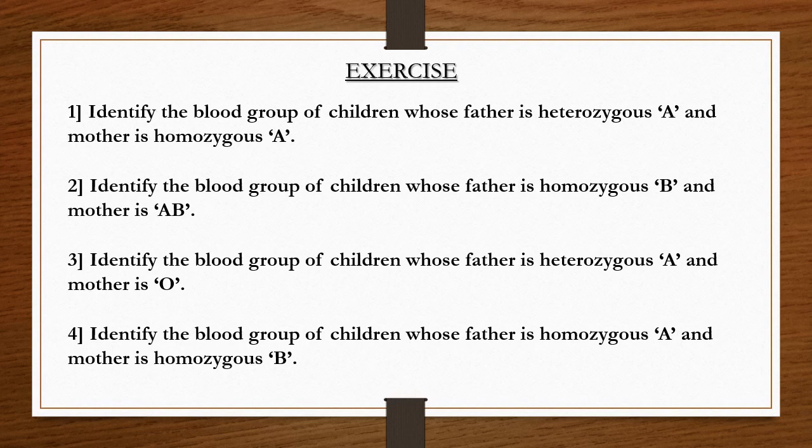Next, second exercise: identify the blood group of children whose father is homozygous B and mother is AB.